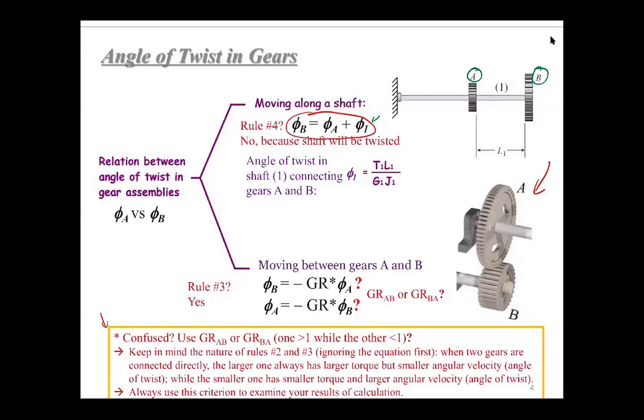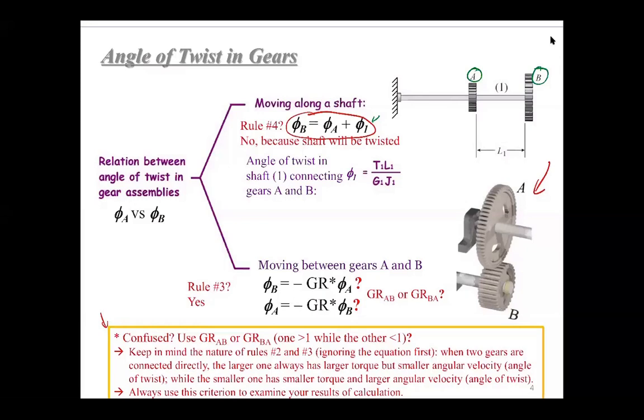Let's simplify rule number 2 and rule number 3 into this golden rule. Sometimes you have a gear ratio AB larger than 1 and a gear ratio BA smaller than 1, sometimes multiply, sometimes divide. Let's simplify this.